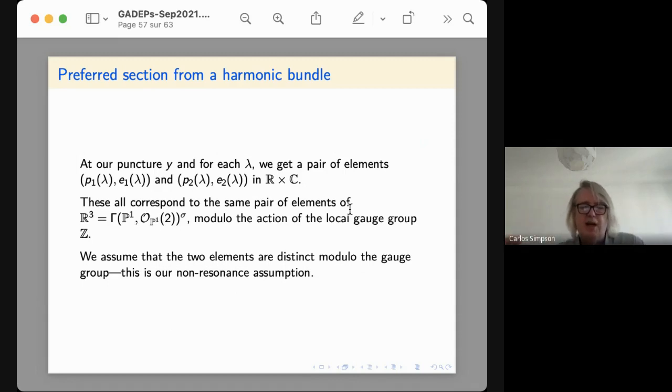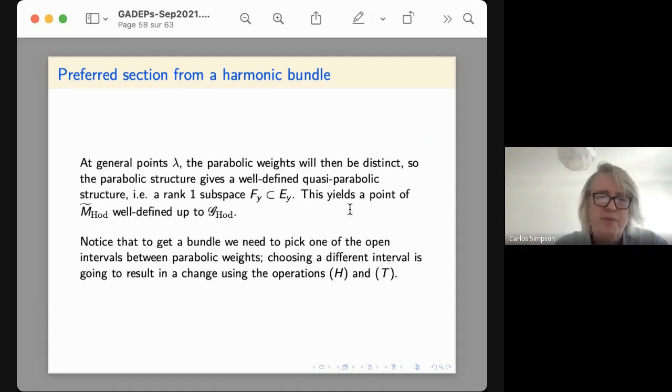You get a family of lambda connections, and you get logarithmic lambda connections with a parabolic structure, not quasi-parabolic, but parabolic. For general points of lambda, the parabolic weights are going to be distinct, so that parabolic structure gives you a well-defined quasi-parabolic structure.